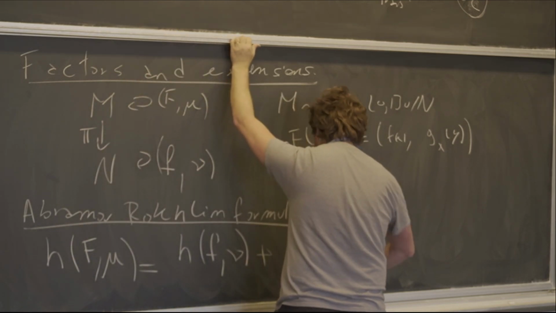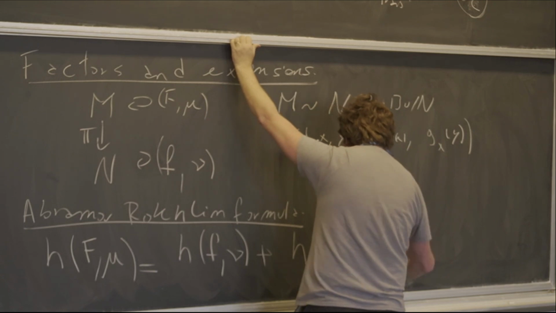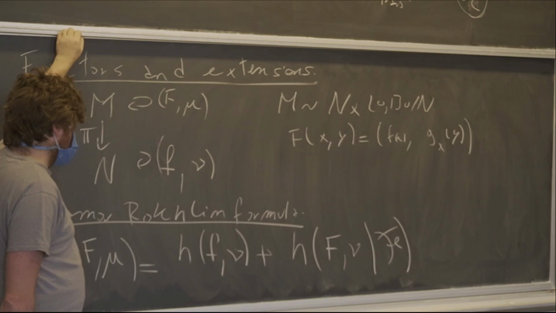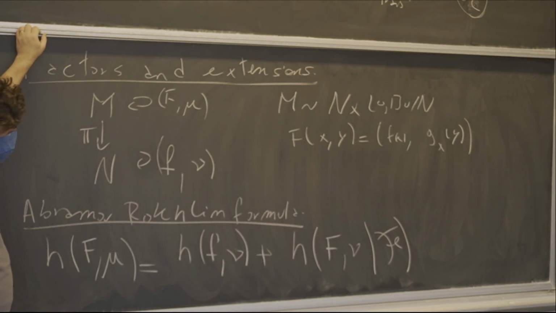Now I'd like to write it in this form. So it's the entropy of F, but given the fiber.